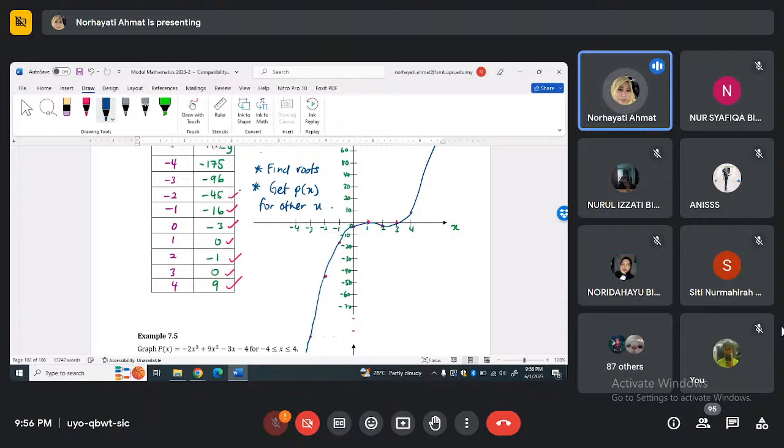Yang penting find the roots of the function. Okay, then baru kita tahulah dia punya pintasan, the x-intercept, the graph intercepts the x-axis at how many points. Okay, so for this polynomial we have only two roots, so it intercepts the x-axis at only 2 points. Okay, yang ini sahaja.